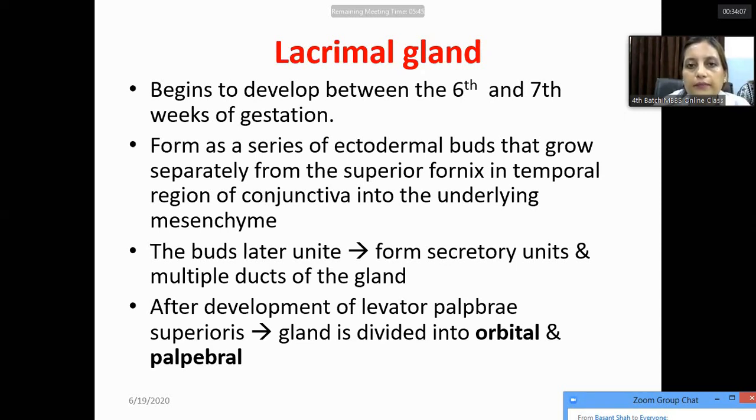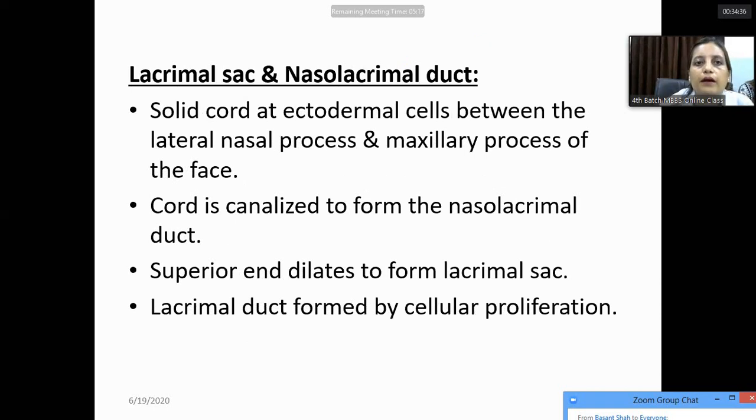Superiorly, the ectodermal buds grow separately, and these buds later unite and form the secretory part and multiple ducts of the gland. The lacrimal glands either drain directly or by the duct. After the development of the lateral palpebral part, the gland is divided into two parts by this septum, the orbital part and the palpebral part.